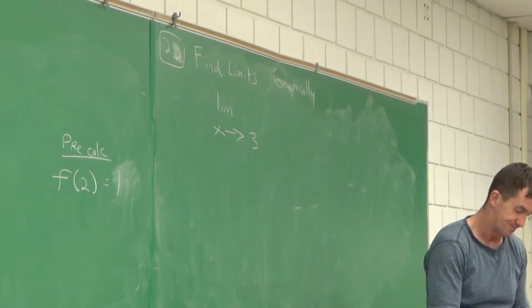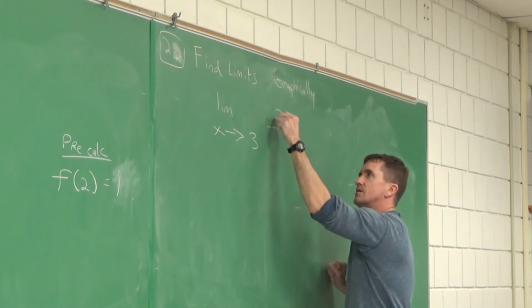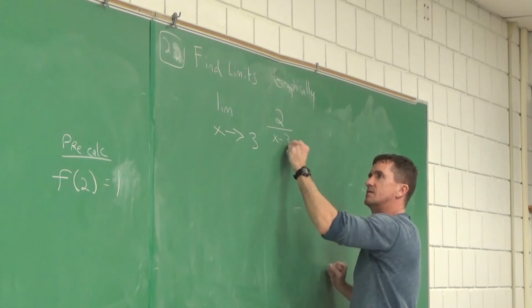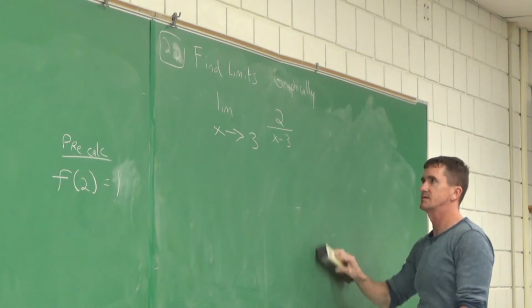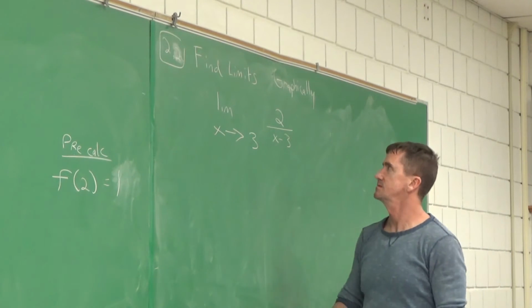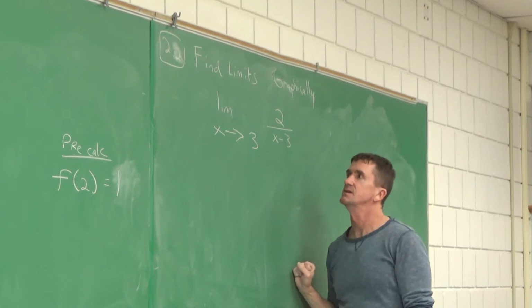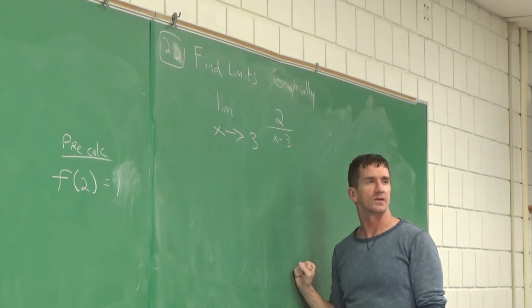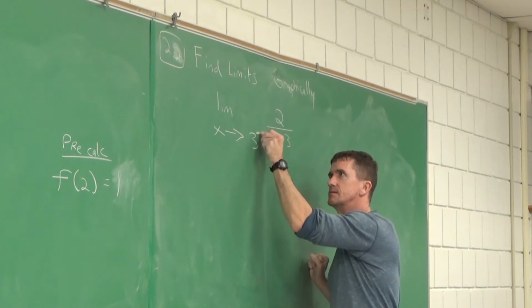How about 2 over x minus 3. Now, if you want to make this graph with your calculator, you can. Notice I put the function in here. I want us to find this. I'm going to do one more thing though, okay? I'm going to do a little minus there.